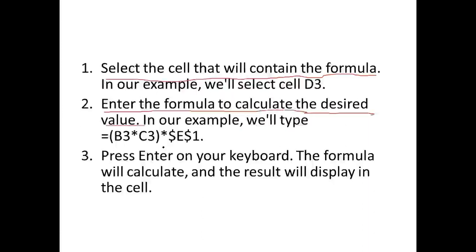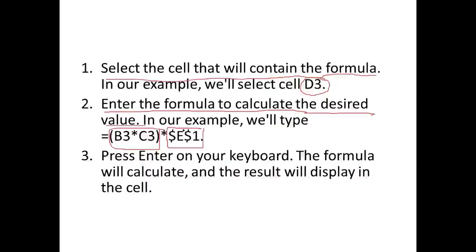So you are entering the formula that you are trying to use. Remember, we selected this cell, and then in that cell, we entered this particular formula. And then after entering this particular formula, we even multiply the tax.